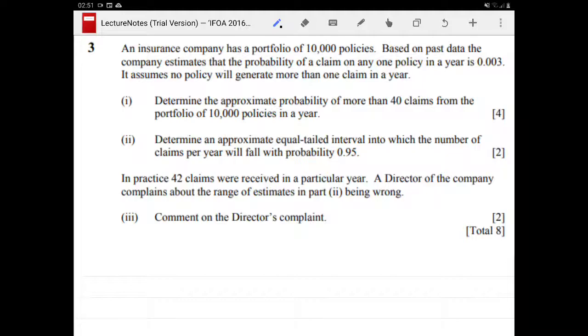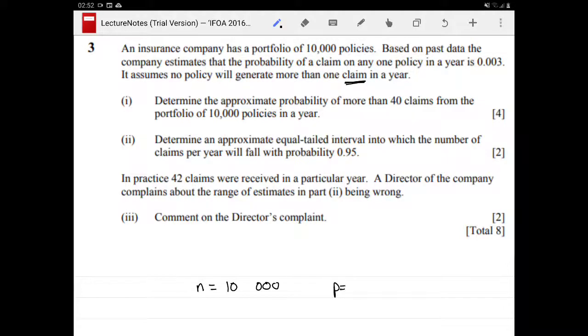Okay, so I'm assuming that you've paused and you've tried going about answering this. The basic understanding of the first part of the question is that we have this insurance company and they have a portfolio of 10,000 policies. So essentially we're thinking of n as being 10,000. Each policy is an independent trial, and we're thinking about success as generating a claim.